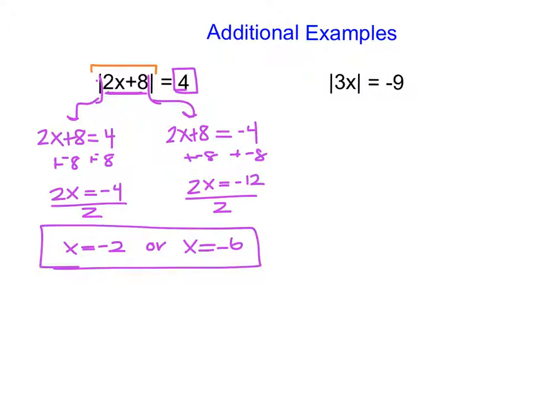So here are my two possible answers that if I plug them back in here for x, I will get 4 and negative 4 inside those absolute values for a distance from 0 of 4 units.